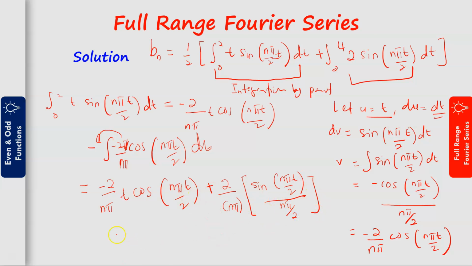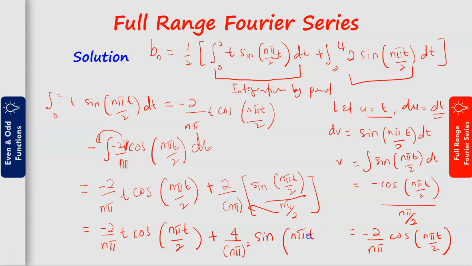When we simplify this part, we have the answer for this integration: negative 2 over n pi t cos n pi t over 2 plus 4 over n pi square multiplied by sine n pi t over 2. Remember class, what we solved here is just for this part. So we have another part here.